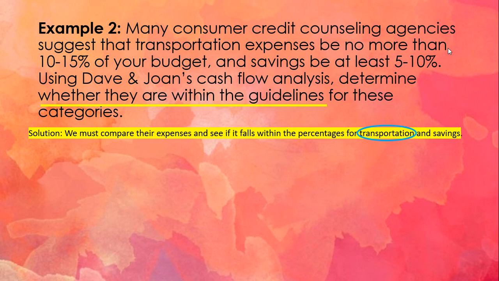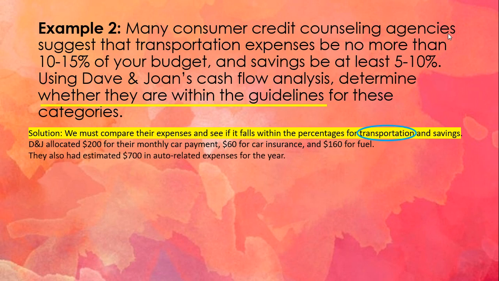Going back to their list, which you guys will have access to, we see that they spent $200 a month on their car payment, $60 a month for insurance, and $160 a month for gas in their vehicles. So we're going to need to note these values because they're parts of the transportation umbrella. They also said that they spend about $700 a year for auto-related expenses.